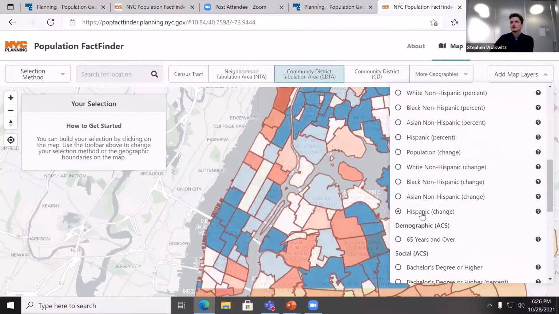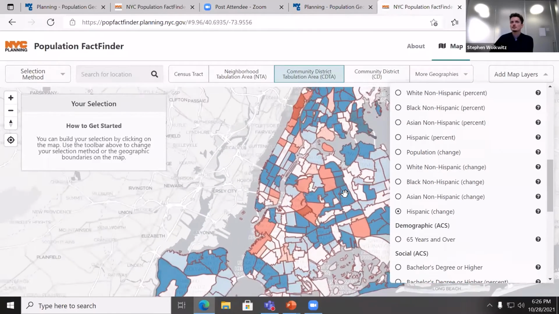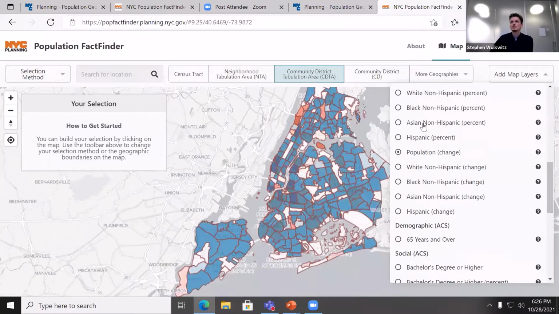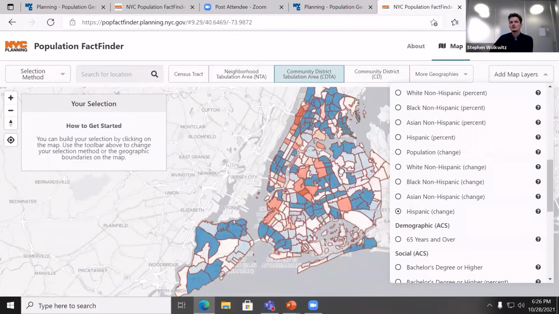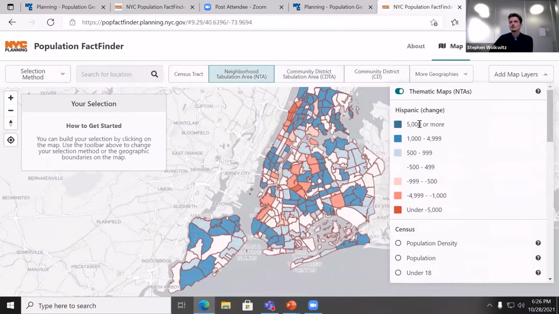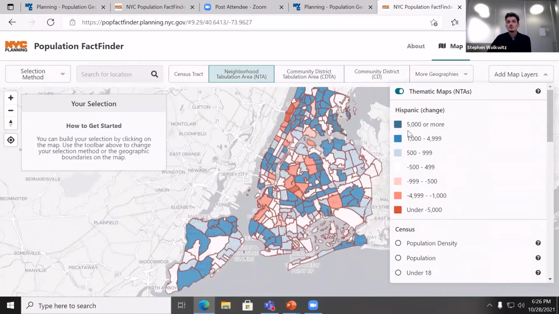So I'm going to turn on the change in the Hispanic population, 2010 to 2020 census here, and you see this will create some quick visualizations of all these variables. Looking at the Hispanic change, I'll scroll back up to the legend here. Significant increases are represented in blue, relative stability in white, and significant declines in red.